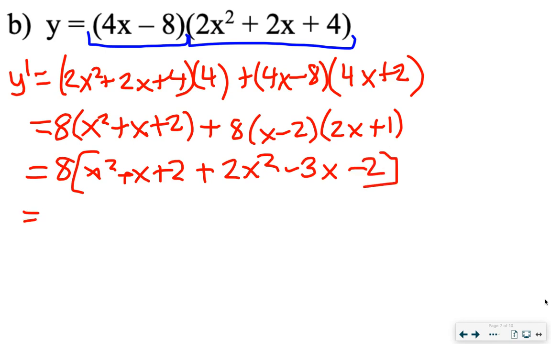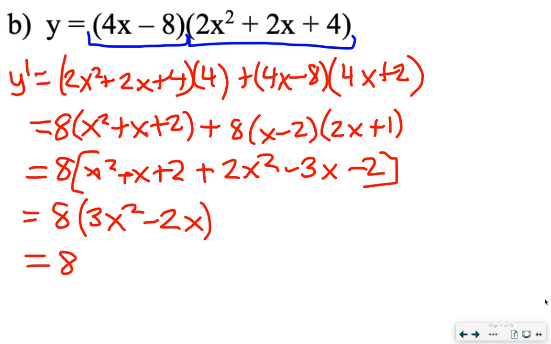Then we can simplify that bracket. We get 3x squared minus 2x. And then factor out an x from that. And there you have our derivative. Awesome.